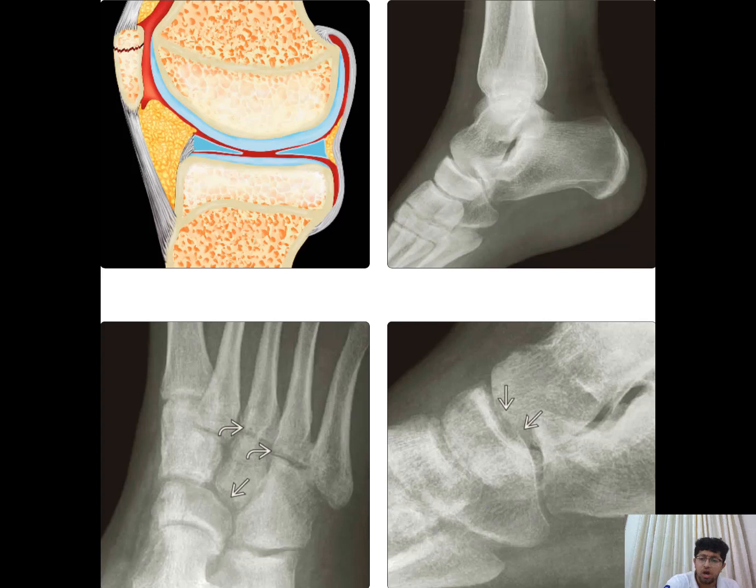3 months later, an oblique radiograph of the ankle of the same patient shows that there are some osteoporotic changes in the metatarsal base, as well as in the lateral cuneiform bone. We can see some osteoporotic changes. This is because of the reflex sympathetic dysplasia after twisting injury of the ankle.